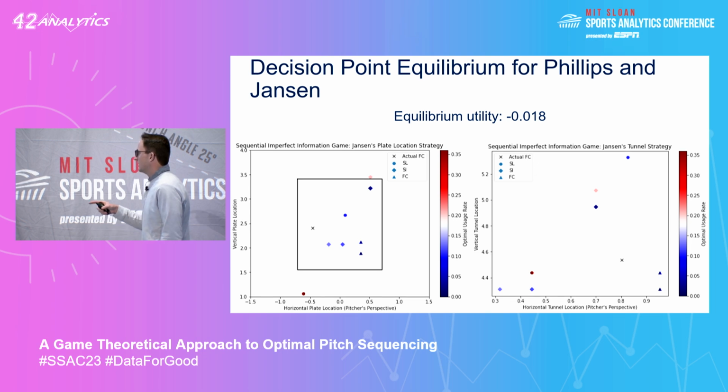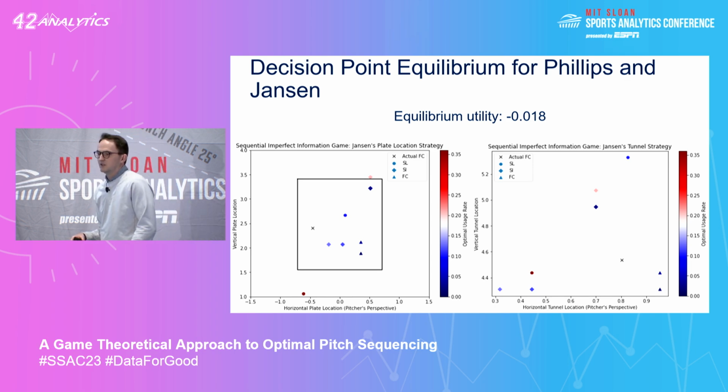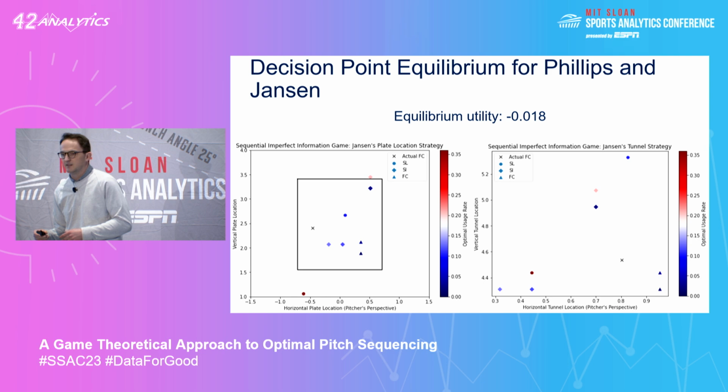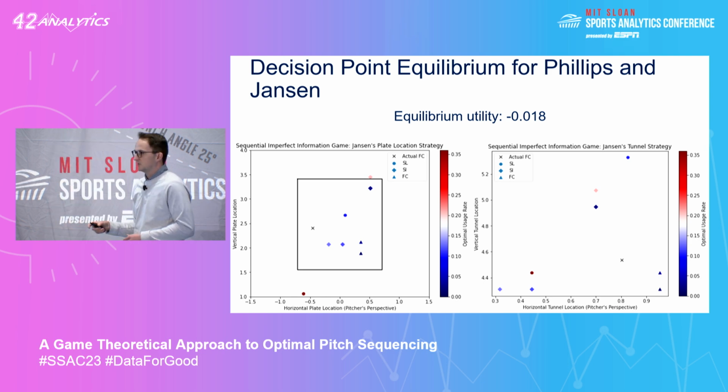And what we found is that the cost of taking those sinkers in the bottom half of the zone is much higher to Phillips than the cost of swinging at the slider. So because he can't tell them apart, and because the cost of taking the sinkers is so much worse than swinging at the slider, it ends up being best for him to just swing and basically just hope it's not the slider. So yeah, we thought that was really interesting.